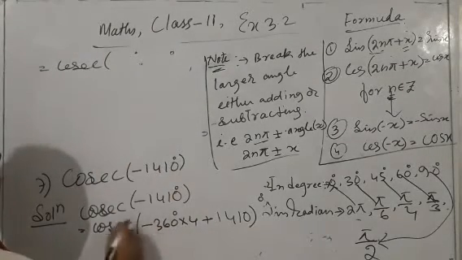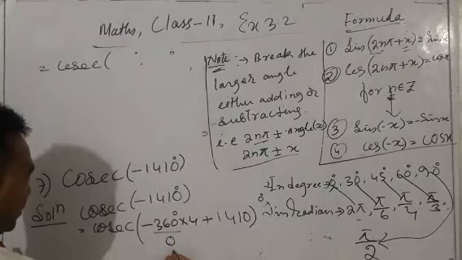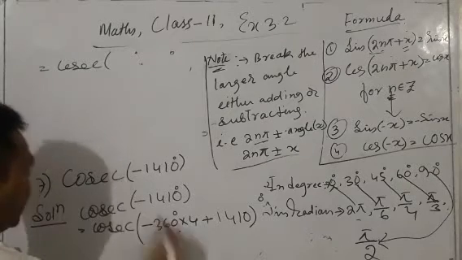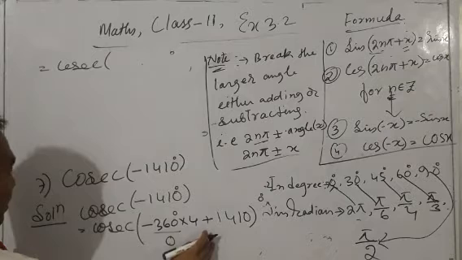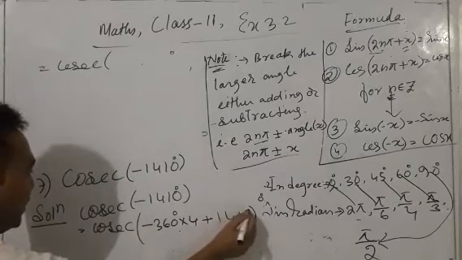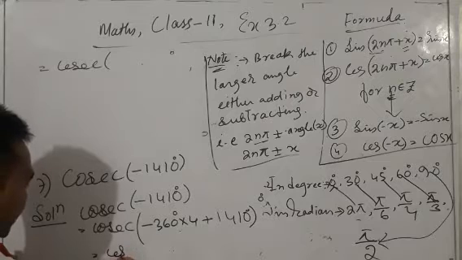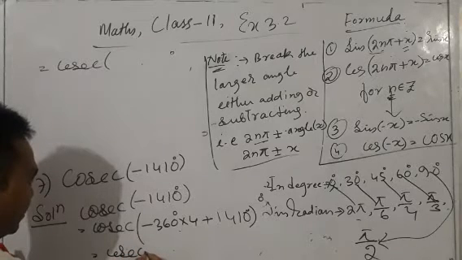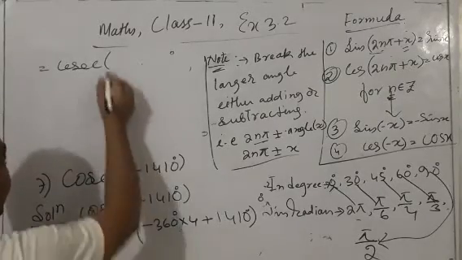So it will be how much? So this gives equal to what? 0 into 4, 0. So it gives what? Okay, fine. So it is degree, and sum of this is what? That is cosec of, that gives equal to what? 30.